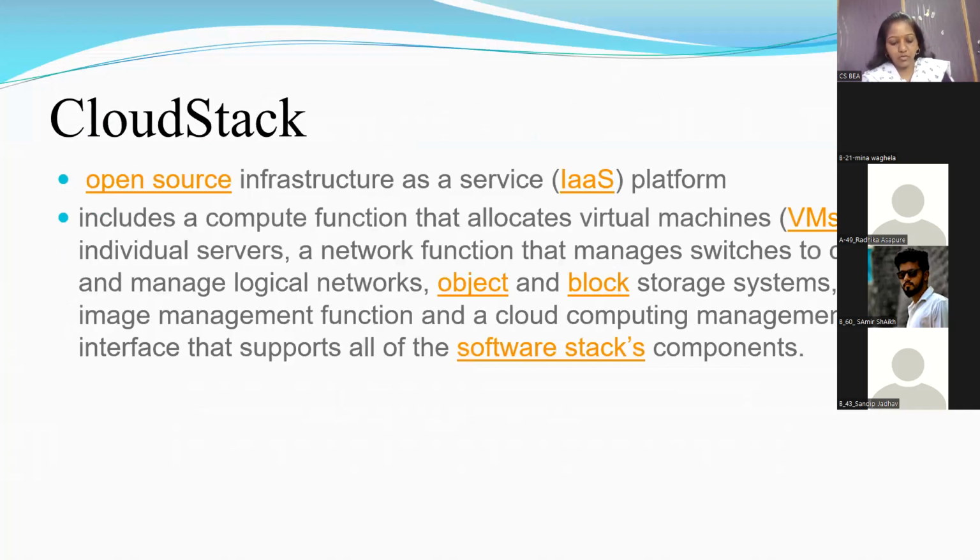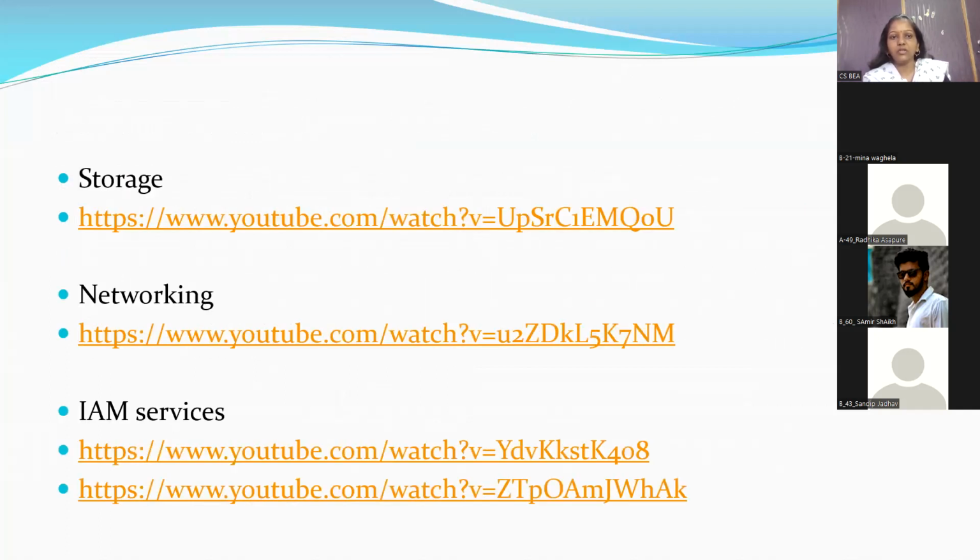Then we went through CloudStack, the open source infrastructure as a service platform, IaaS, and how the storage, networking, and IAM services related to CloudStack work. That part we have seen.